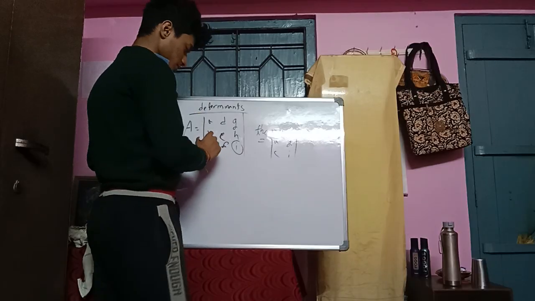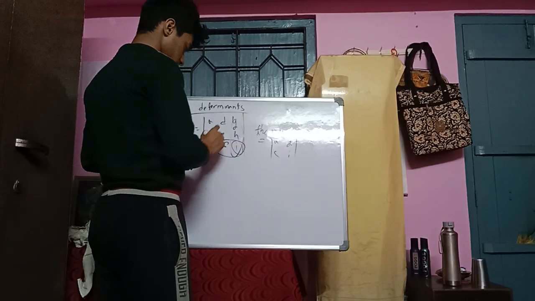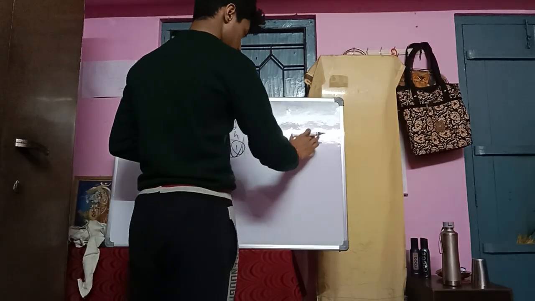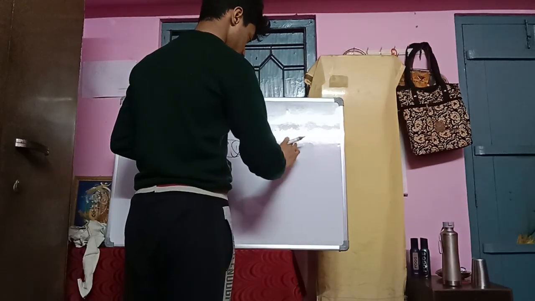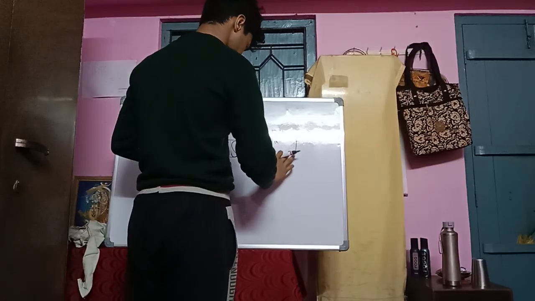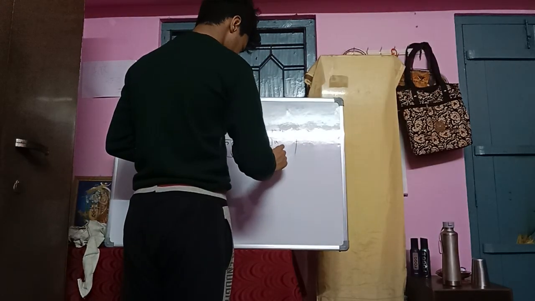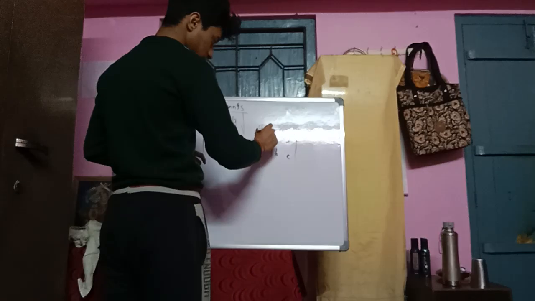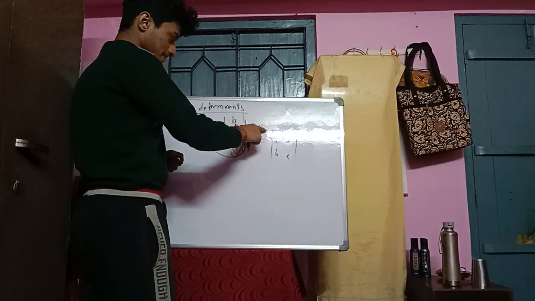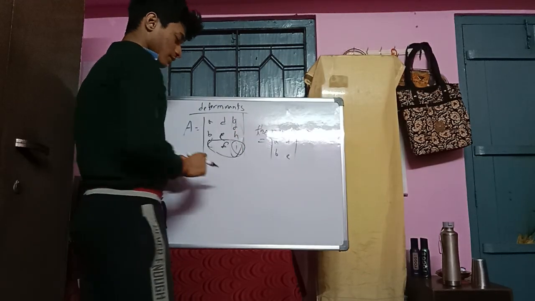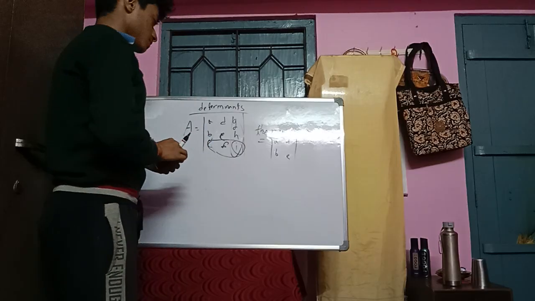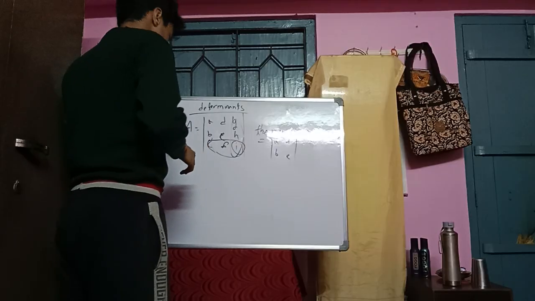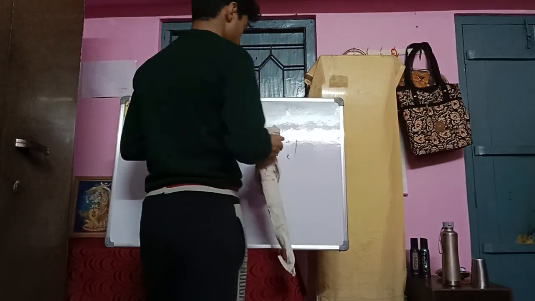So what we're going to be left with is this row and this column, and the elements that are left are A, B, D, and E. So the minor of I would be A, B, D, E. Now we know how to find the minors of each element. Now let's talk about what cofactors are.